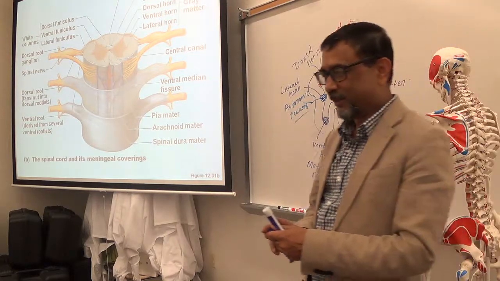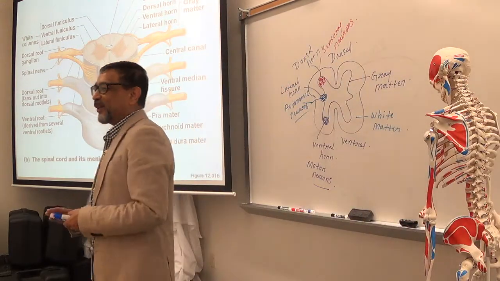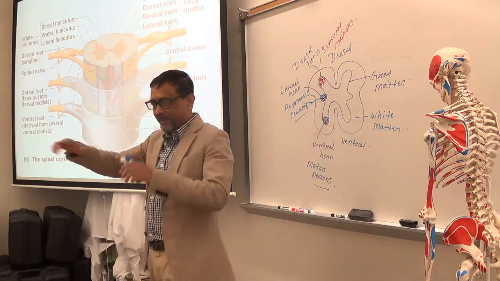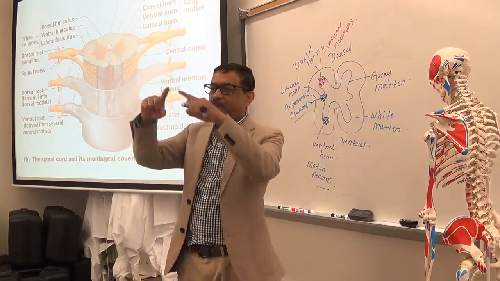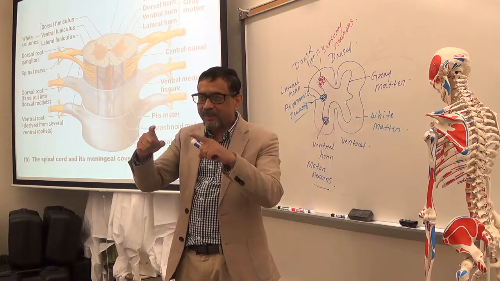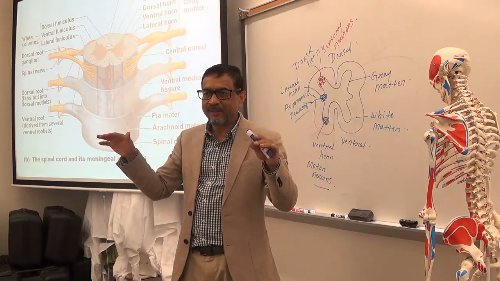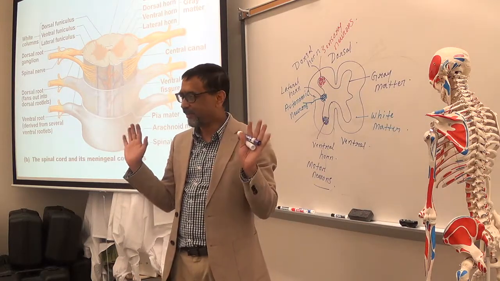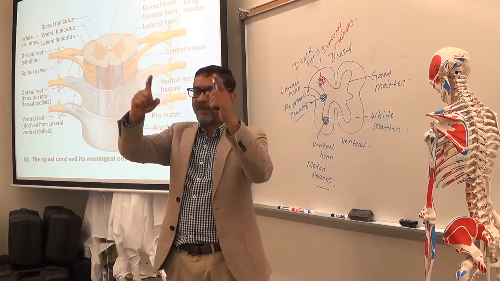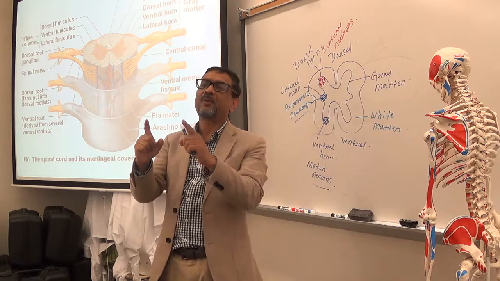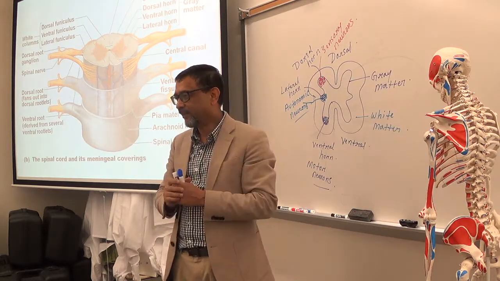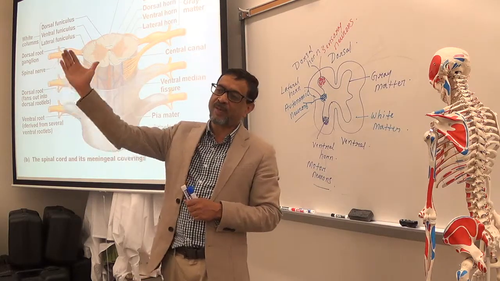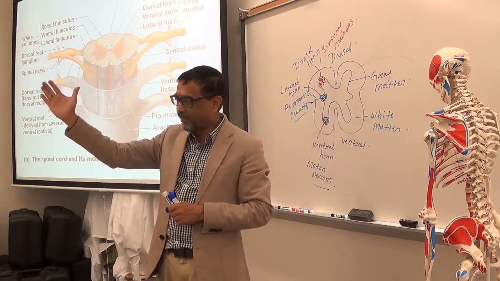So let's quickly review. Okay. If you make a transverse section of the spinal cord and see inside, the inner part looks like what? A butterfly. And that is called what? The gray matter. Is it clear? And around the gray matter, the outer part is white matter. It looks white. Is it clear? Okay. Now, in each half of the gray matter, how many horns do you have?